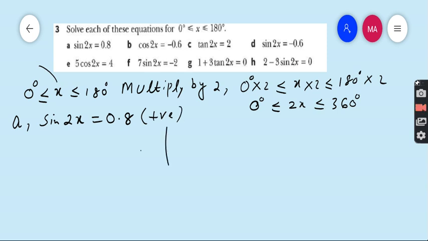And you know sine is positive in the first and in the second quadrant. So first we have to find 2x equals sine inverse 0.8. Use the calculator.